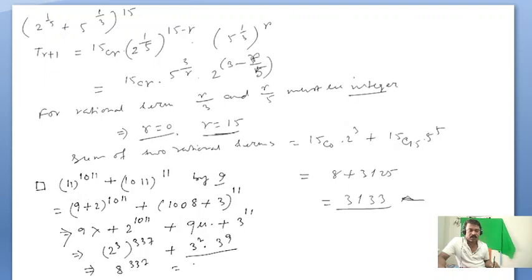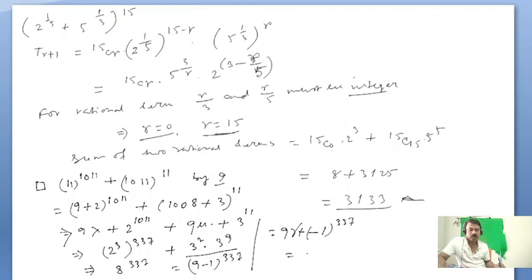We write this as 9 minus 1 whole to the power 337, that is equals to 9 gamma minus 1 plus minus 1 whole to the power 3.